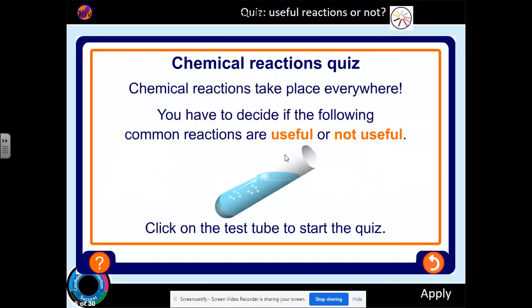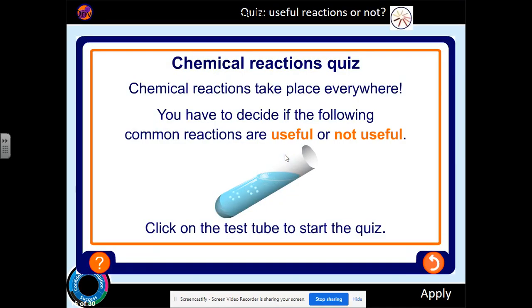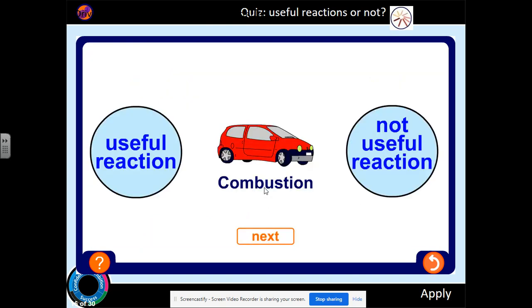Welcome back. Now, a little activity. Chemical reaction quiz. Chemical reactions take place everywhere. You have to decide if the following common reactions are useful or not useful. Combustion. Is combustion useful?